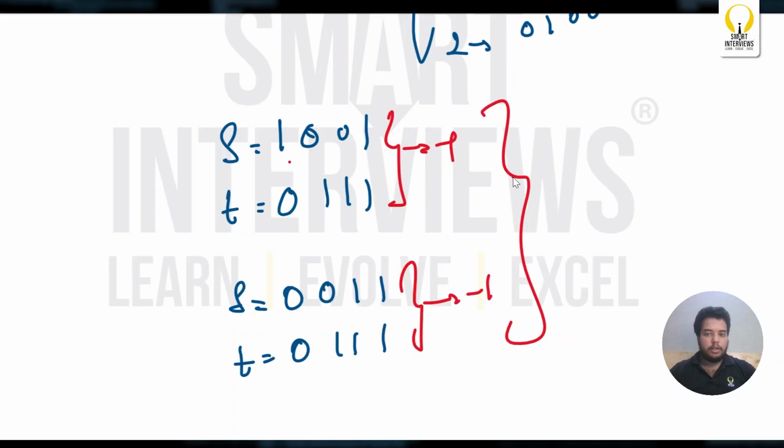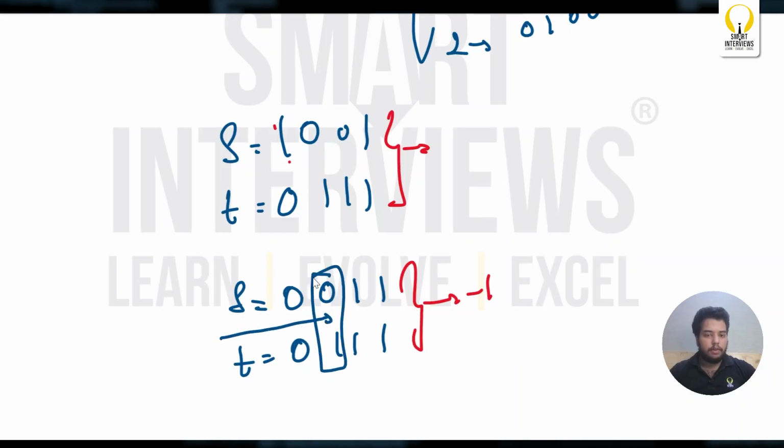So such kind of cases, what do you observe? Till we get the first one, if it is different, it is some other answer. So hence, till you find the first one in both the strings, they should be same. In this, if at any point S and T characters get different, you'll print -1.